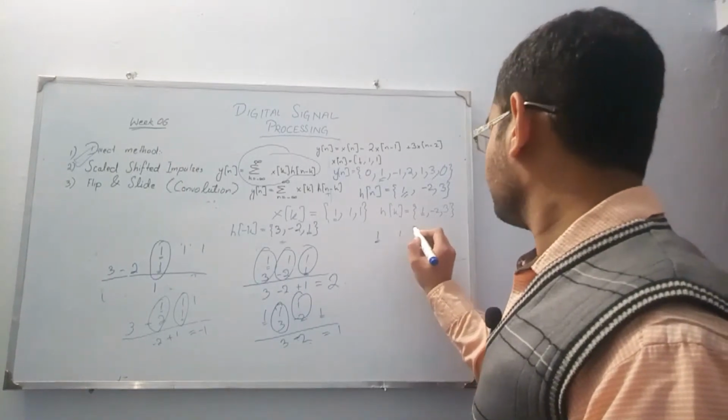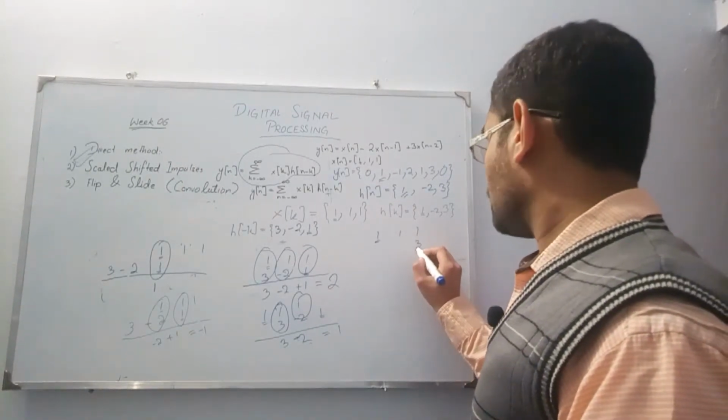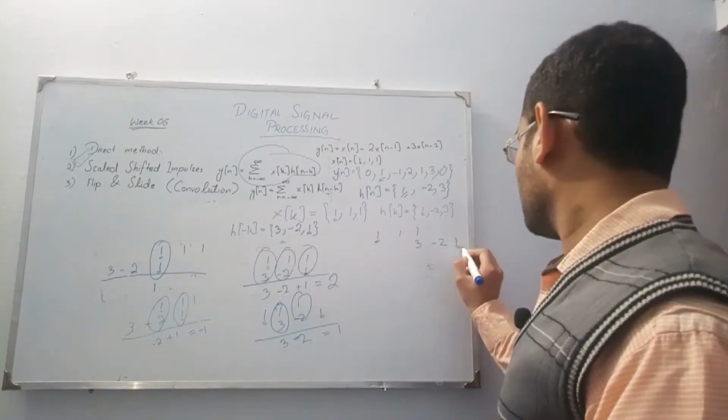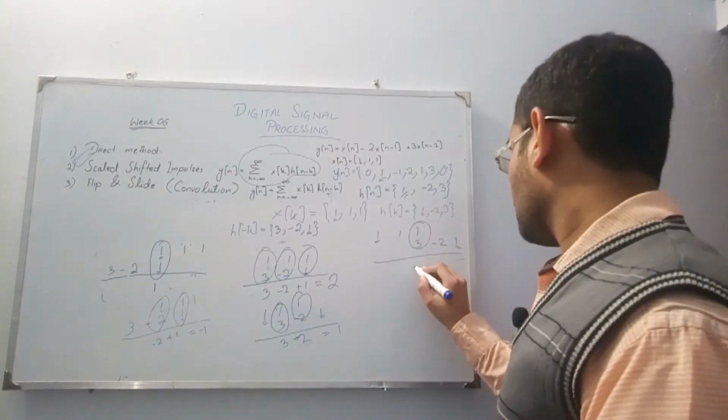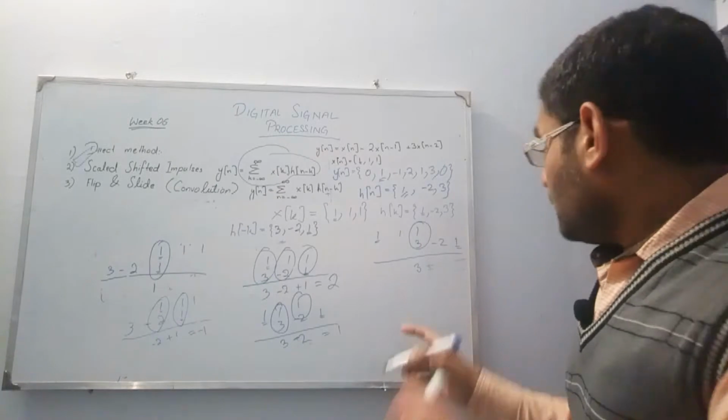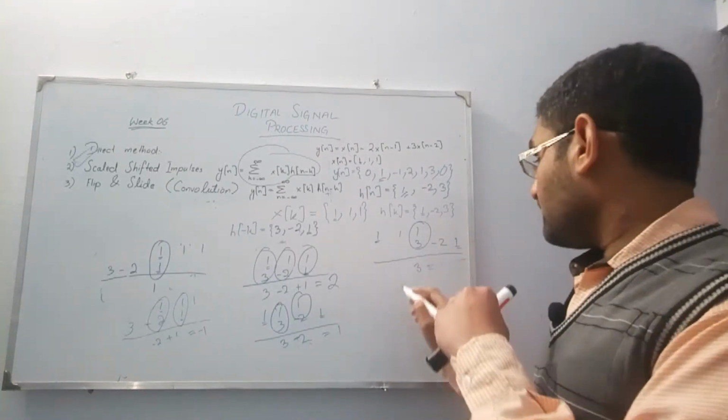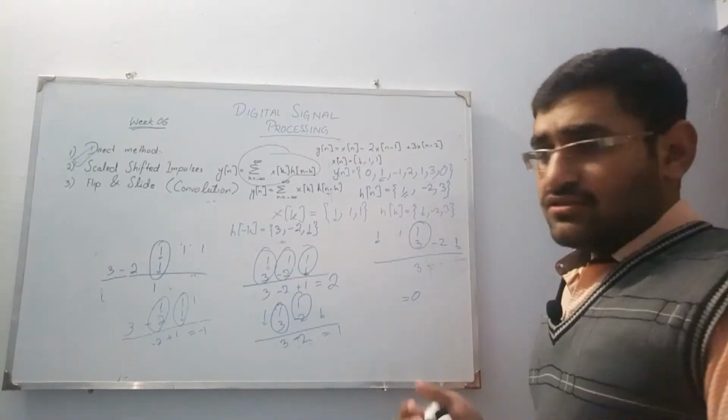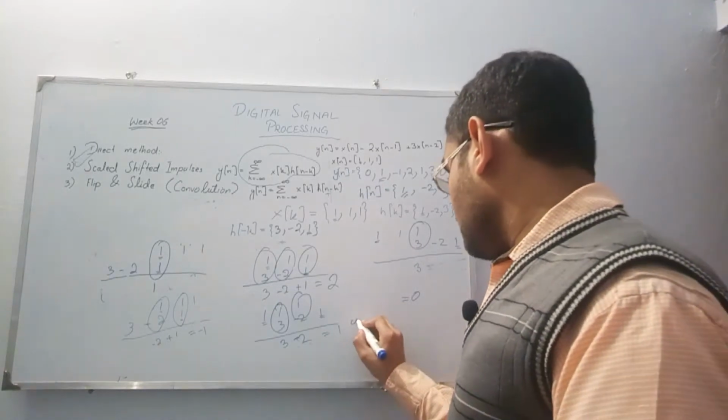Now 3 minus 2, 1, 3, 1, and in the next step it will come to be 0. So what is the output of this one?